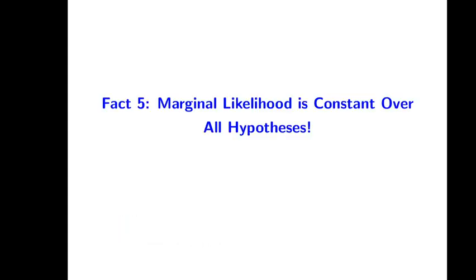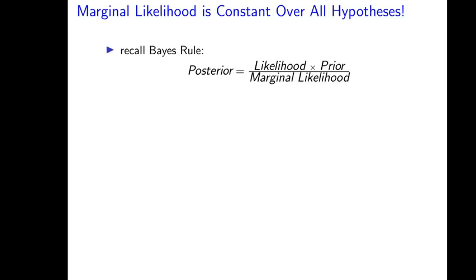The fifth and last fact in this video about Bayes' theorem is that marginal likelihood is constant over all hypotheses. Let's recall Bayes' rule and see how we define it. We have the posterior on the left hand side equals the likelihood times prior divided by the marginal likelihood.